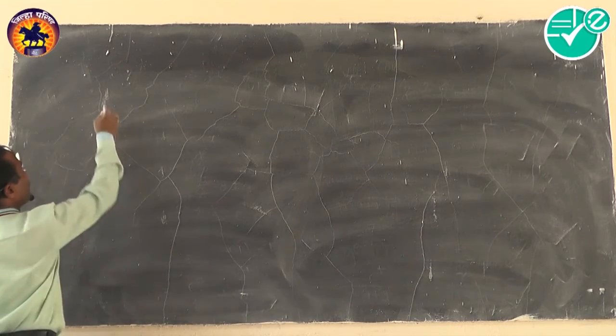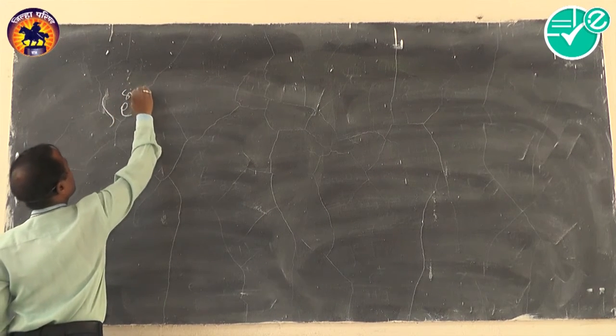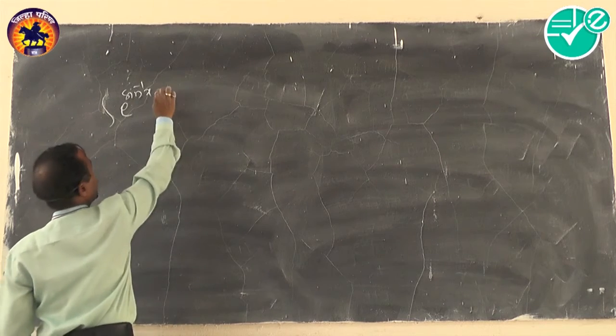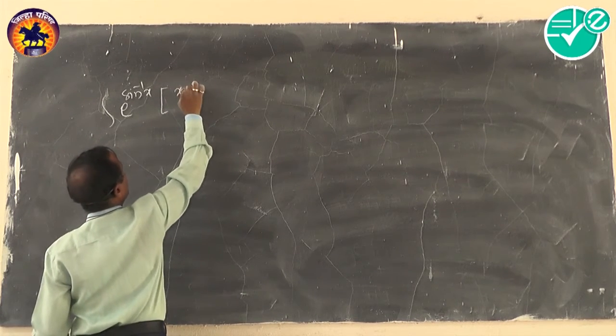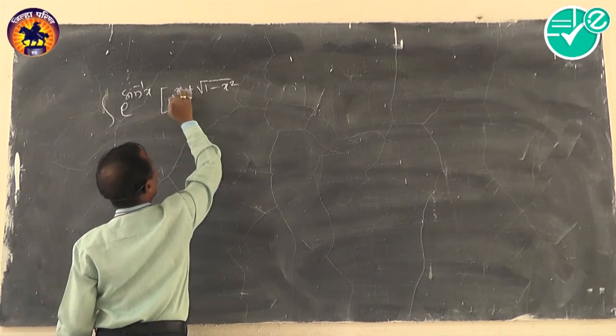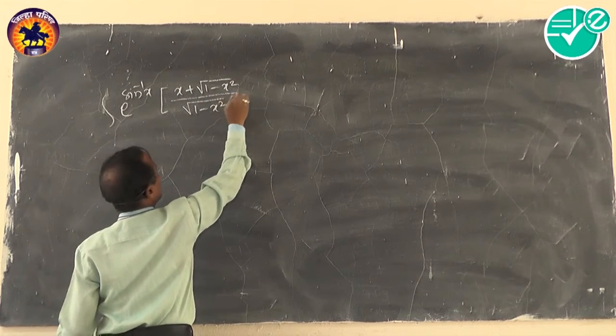Integral of e to the power sine inverse of x into (x plus under root 1 minus x square) divided by root 1 minus x square dx.